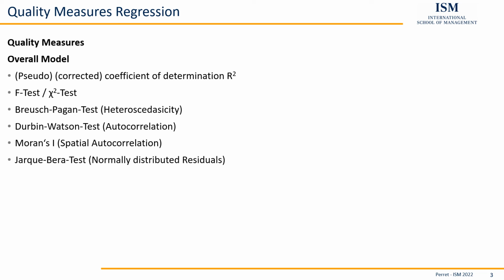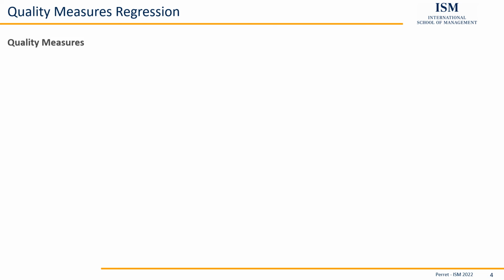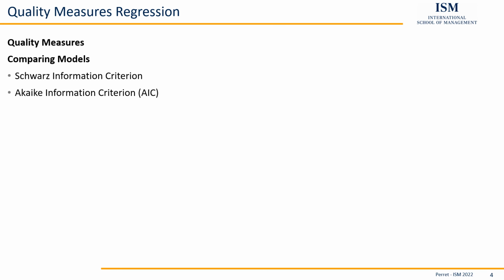However, I might also be interested in comparing different models, the quality of different models to each other. Of course, I can use aspects like the R-squared, I could use the F-test value, something like this. Or I could run specific tests, use specific statistics aimed at comparing different models. The first two are the Schwarz and the Akaike information criterion, similar to the Bayes information criterion.